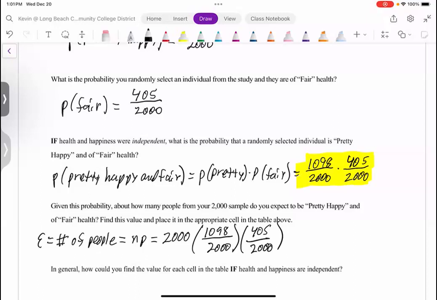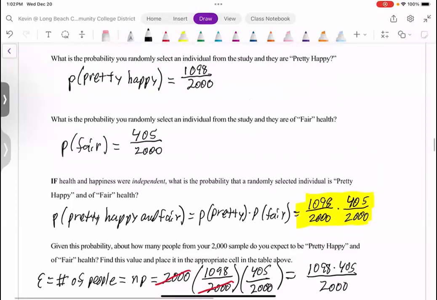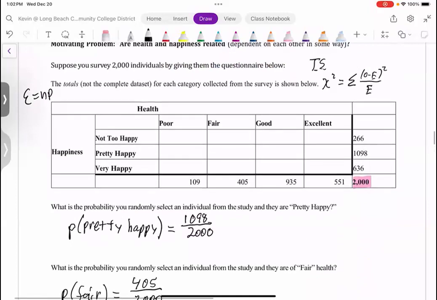And you'll notice very nicely that reduces out. So the expected value is going to be 1098 times 405 over 2,000. And that is our expected value, specifically up here, pretty happy and fair health. That's our expected value.